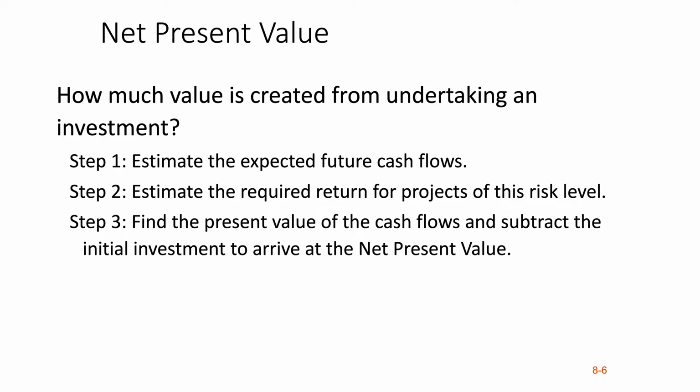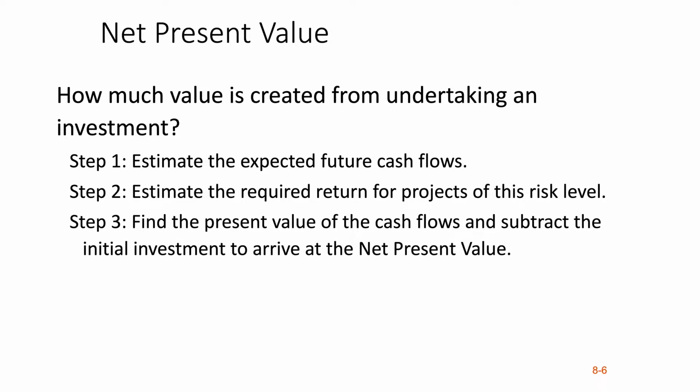So for the net present value rule, step one, you need to estimate the expected future cash flows. Step two, you need to estimate the required rate of return for that project at a certain risk level.